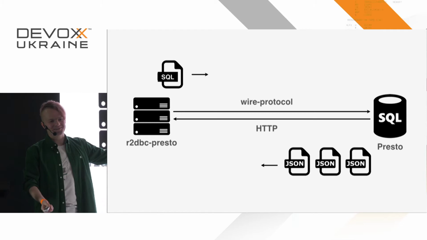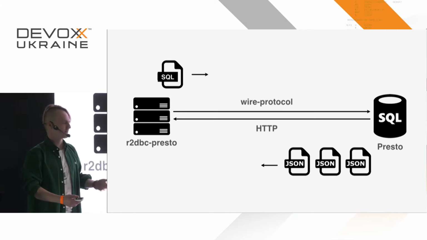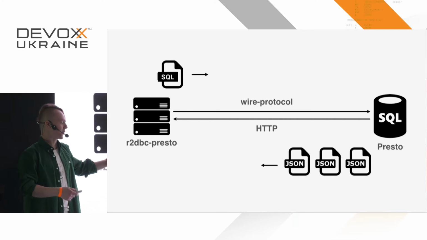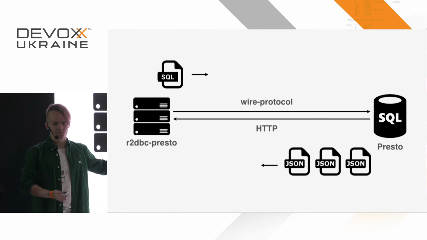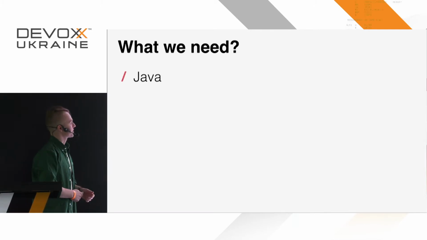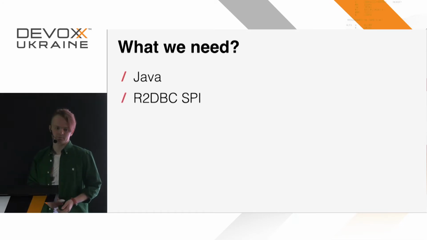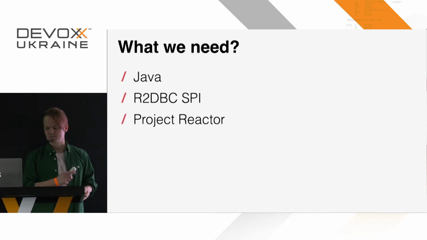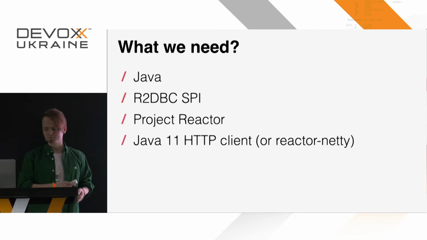So it's not something that we usually do with databases, but it's the protocol of Presto, and it's cool because it's easier for us to parse JSON than to parse bytes. Yep. What do we need for implementation? Of course, Java SPI, because we have to be compliant with R2DBC. We will take the Project Reactor library for all that reactive stuff.